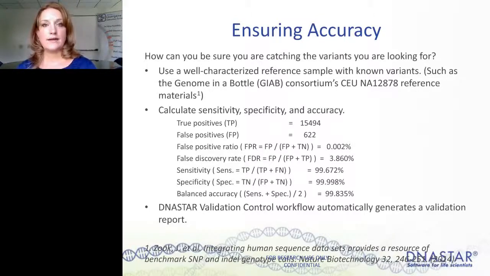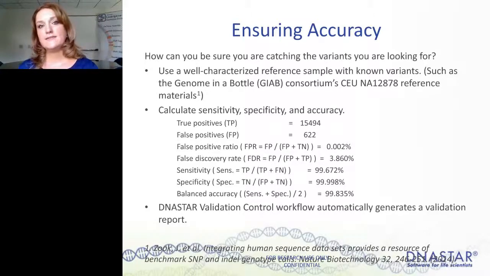So one example of this is coming out of the Genome in a Bottle consortium from NIST. And what they have provided is this sample that they label CEU NA12878.